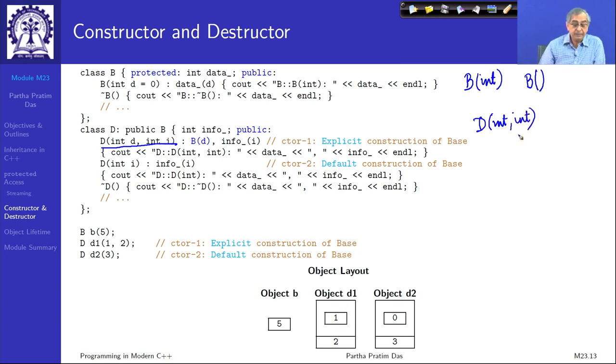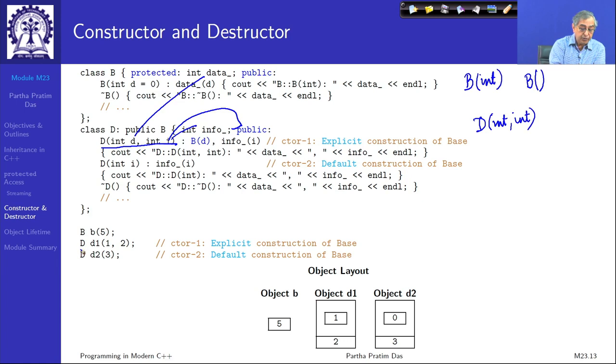The meaning I am taking is this first int is meant to be the data of the base class, and this second int should be the info of the derived class. So, what will I have to do?